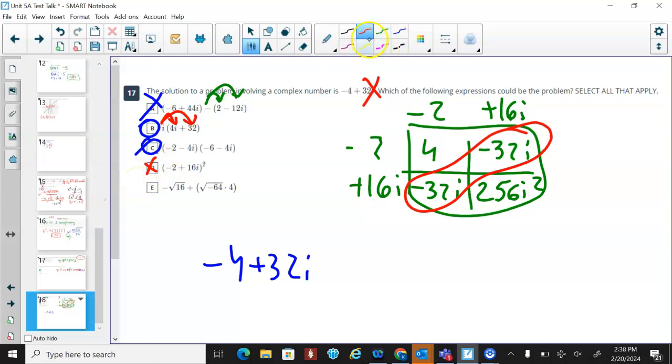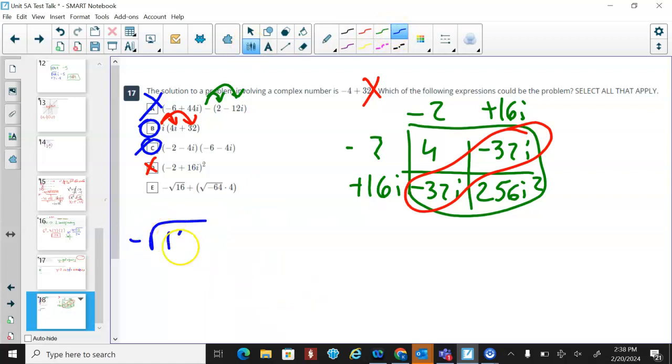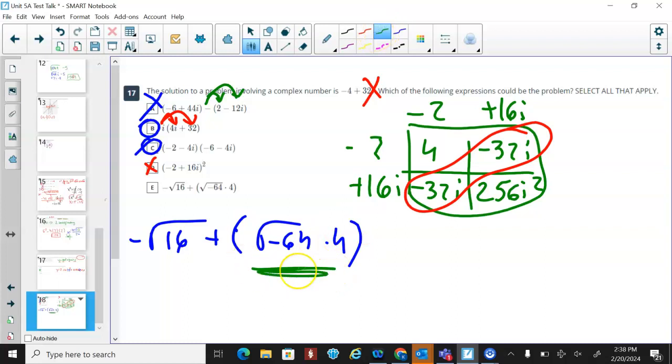And then lastly, let's do the last one. Last one is very important. Again, you have negative square root of 16 here plus parentheses square root of negative 64 times 4. You will never, ever, ever multiply 64 times 4. You have to get rid of the radical first or simplify the radical before you can do anything.